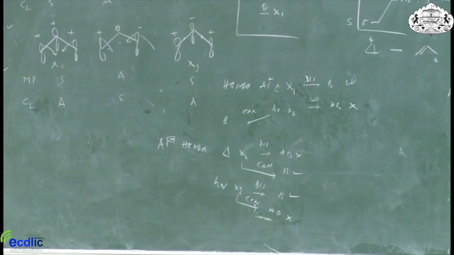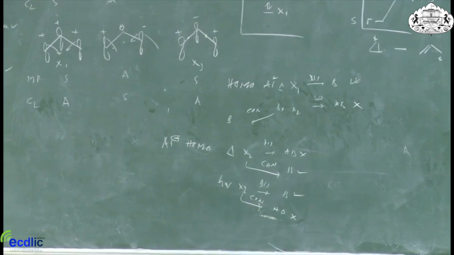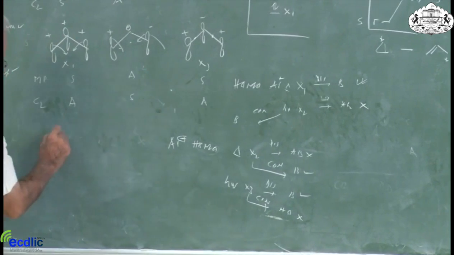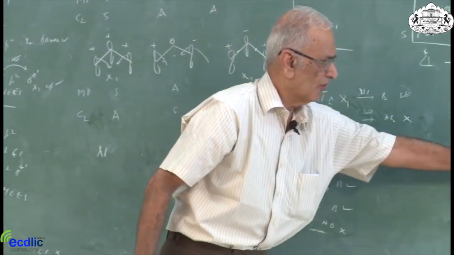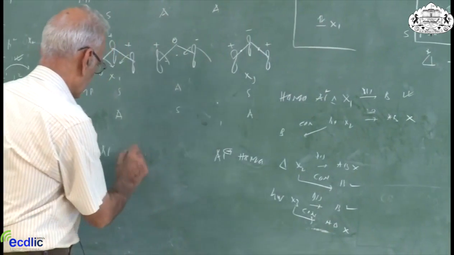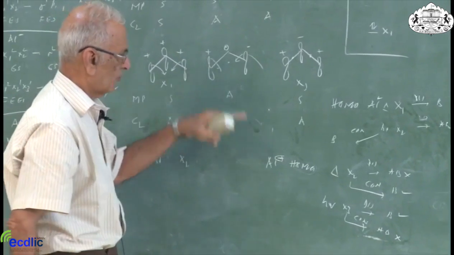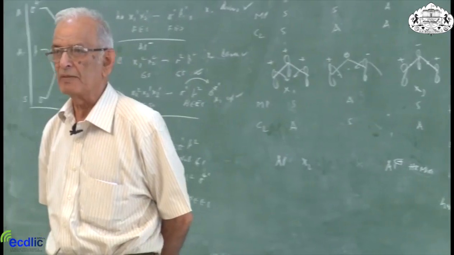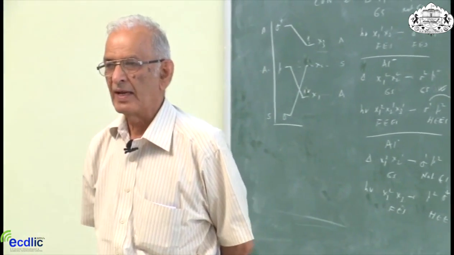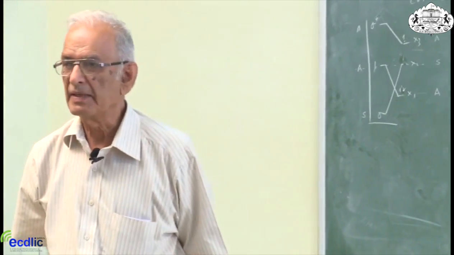But when I look at allyl radical, what is the HOMO of the allyl radical? X2. X2, what did we say 1 minute ago? Conrotatory should give me bonding. So, allyl radical thermal reaction should be conrotatory.